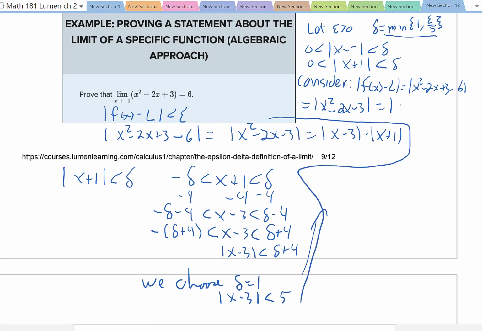Which becomes the absolute value of x plus 1 times the absolute value of x minus 3. Well, the x plus 1 we found from above to be less than epsilon over 5, or from below, and we'll go with the one above. And then our x minus 3 is the 5, so we get our epsilon. Therefore, the limit as x approaches negative 1 of x squared minus 2x plus 3 equals 6. And that's it.